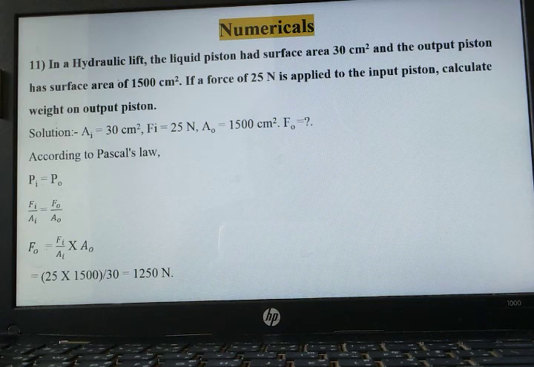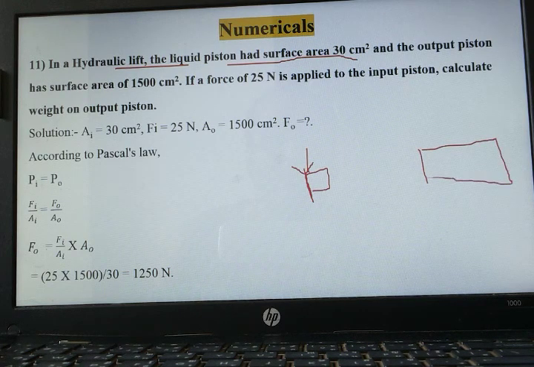In a hydraulic lift, an input piston has a surface area of 30 centimeter square and an output piston has a surface area of 1500 centimeter square. Try to understand. We are exerting pressure and this pressure has been transmitted, due to which the load has been lifted upwards.